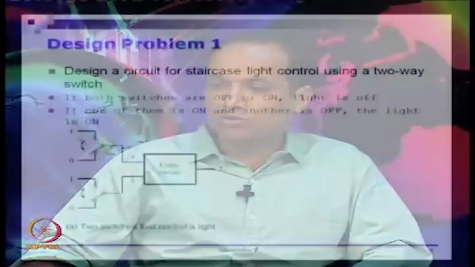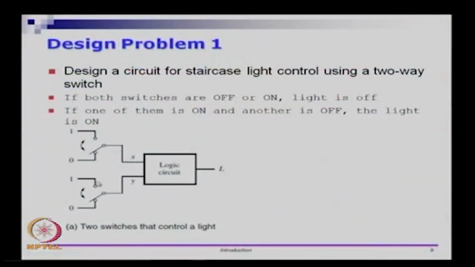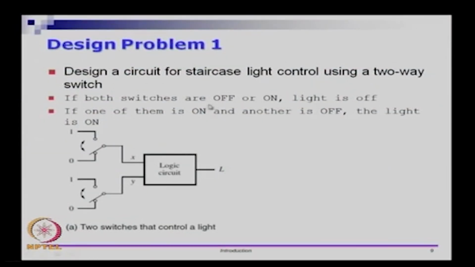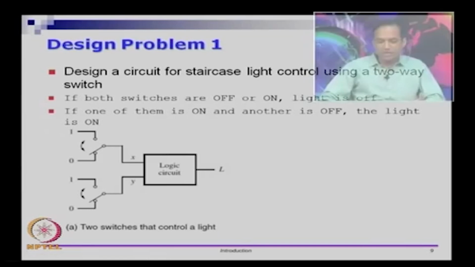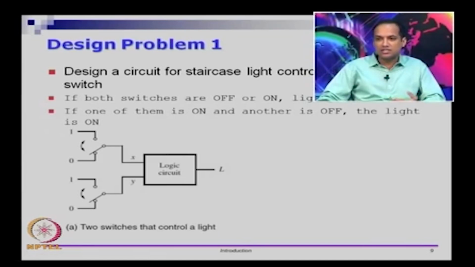We want to design a circuit which takes care of that. We have two switches connected to a logic circuit in such a way that if both the switches are off or both are on, the light is off. If one of them is on and the other one is off, the light is on. This is fairly straightforward. You might see this in staircases, and you also see it in reading lamps.